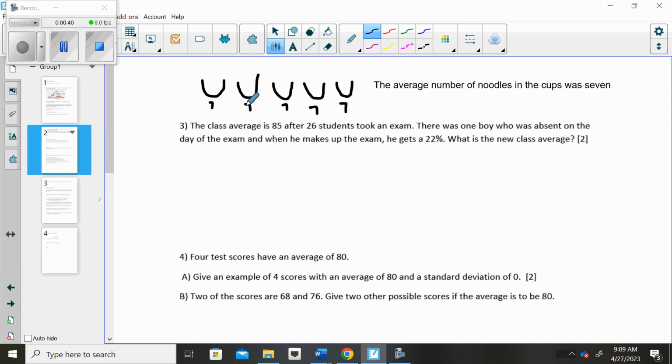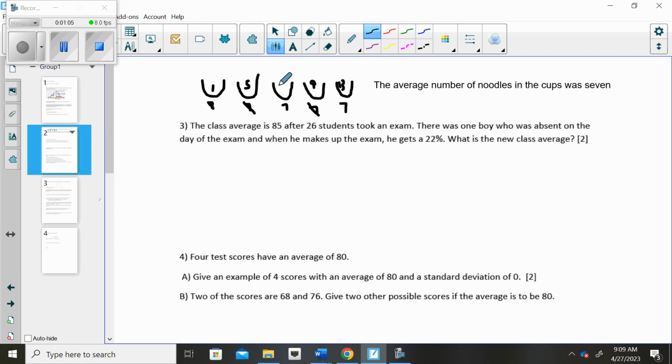However, if not every cup had 7, maybe this one had 2 less, but then this one would have to have 2 more to compensate, and so on, okay? So again, maybe this only had 1, that's 6 less, and so then this had 13, which is 6 more.